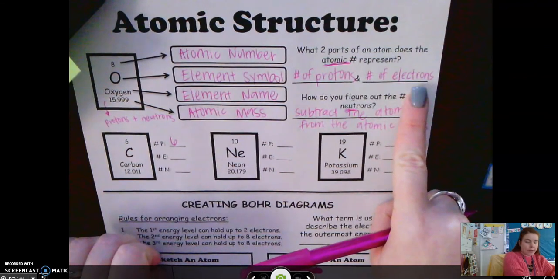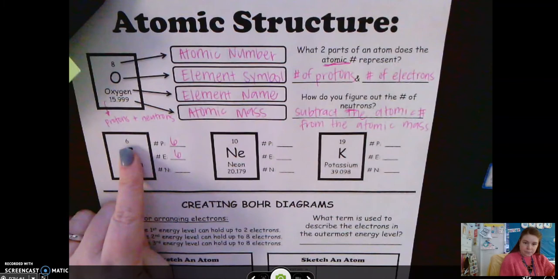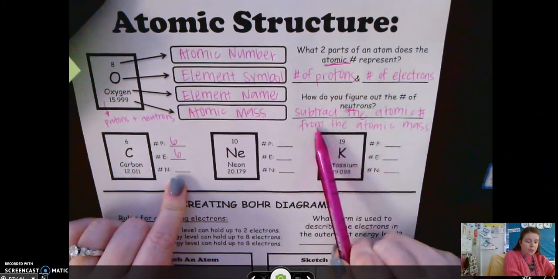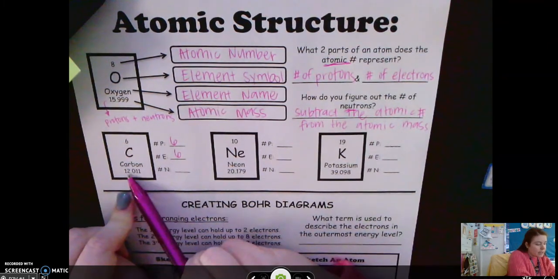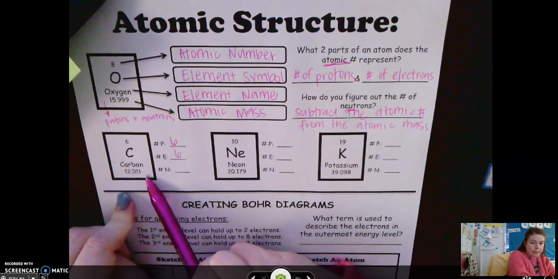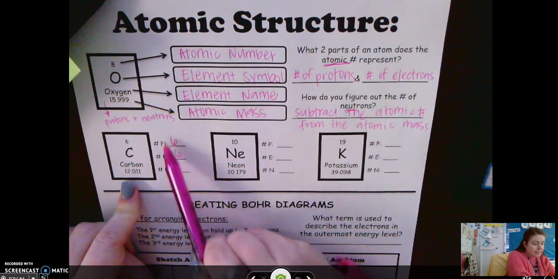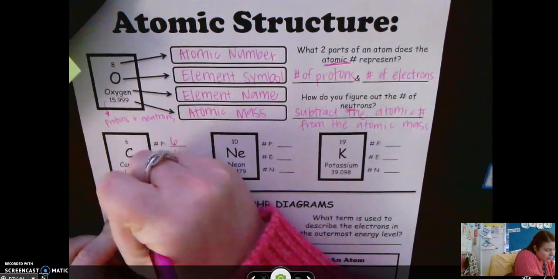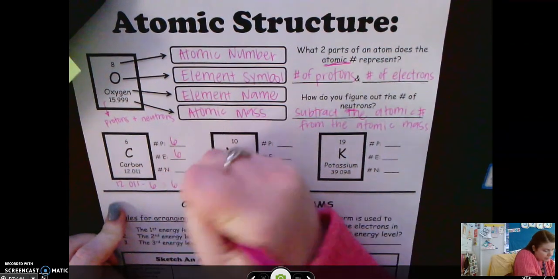I can see electrons is also the atomic number, 6. And I know to get neutrons, I need to subtract the atomic number from the atomic mass. So all I'm going to do is take that 12.011 and subtract the atomic number 6, and I'm going to get 12.011 minus 6 equals 6.011.